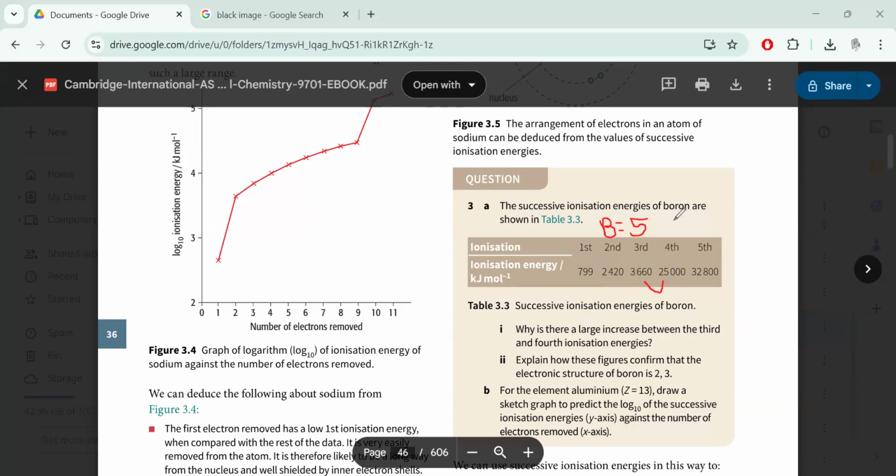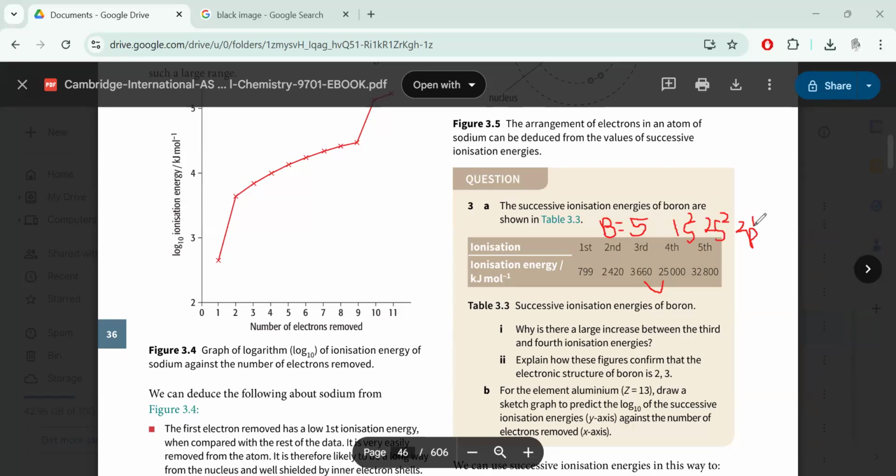We're going to try to write the electronic configuration here: 1s2, 2s2 and 2p1.